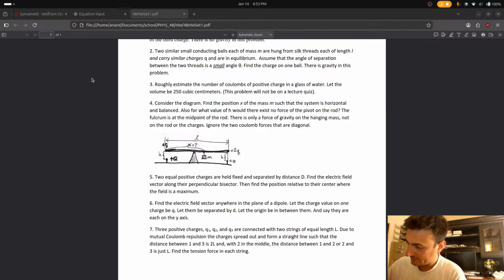This is x. This is Q1. This is Q2, Q3, and Q4. Okay. Distance H. The mass M. Gravity.